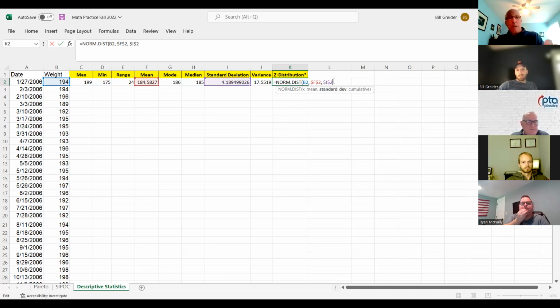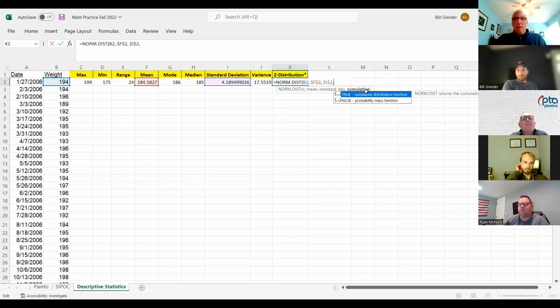It won't take F3 and I3, F4 and I4, etc. It locks it. So I'm always going to get that absolute data from those cells. That's all the $ sign does in Excel. And then the next question is, is it cumulative? And the answer is true.